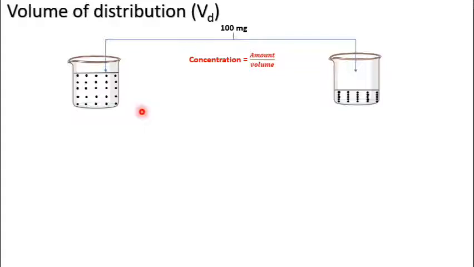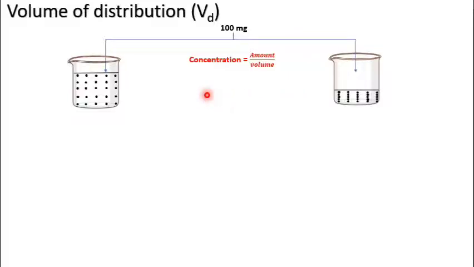So the solution in the beaker on the left has less concentration than the beaker on the right, although they have the same amount of substance, the 100 milligrams, because the volume here is bigger than the volume here.